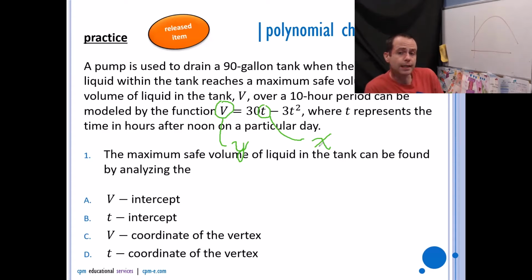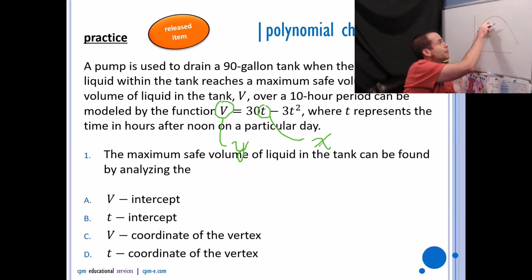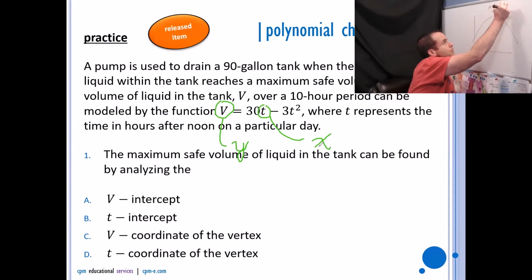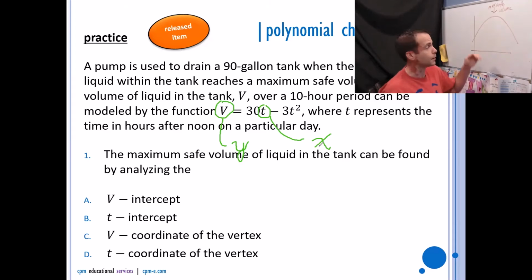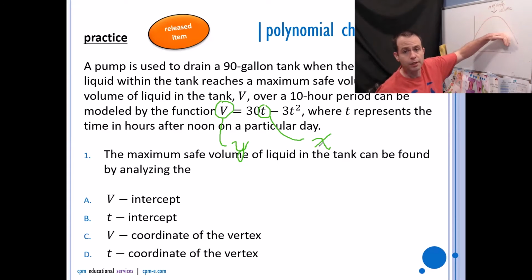And it's saying you've got a 90-gallon tank and it's set to start dumping when it's reached a particular maximum safe volume. And so the volume's going up and up and up. And here we've reached the maximum safe volume. And so the pump kicks in and the pump starts getting the water out. And so the volume goes down, down, down.